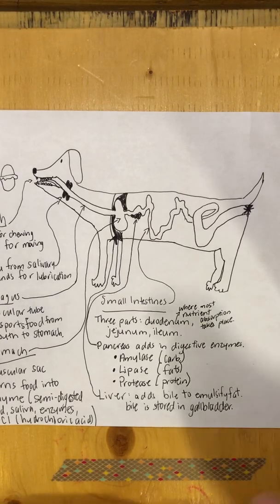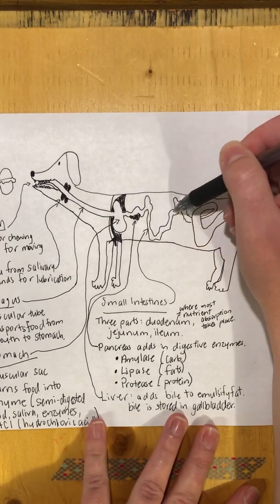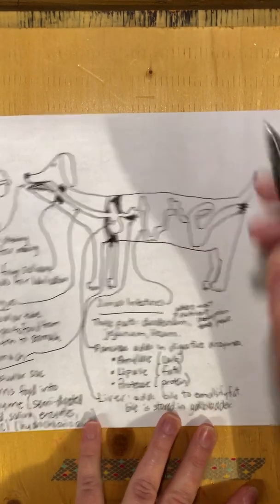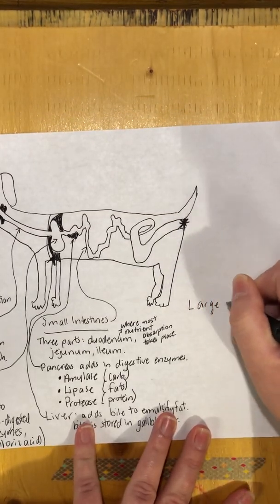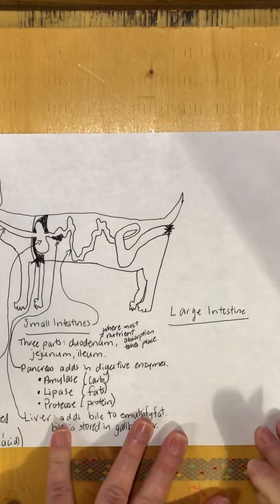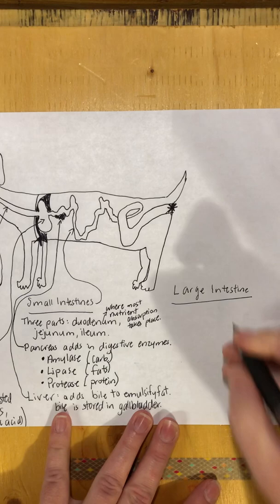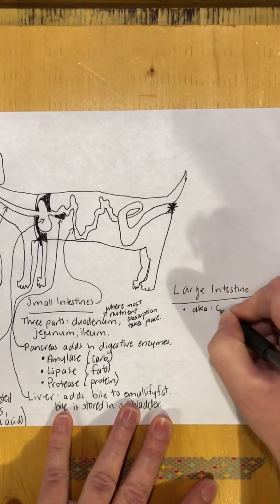So once we've traveled through the duodenum and then the jejunum and then the ileum, we've now reached the large intestine. Large intestine is also known as the colon.